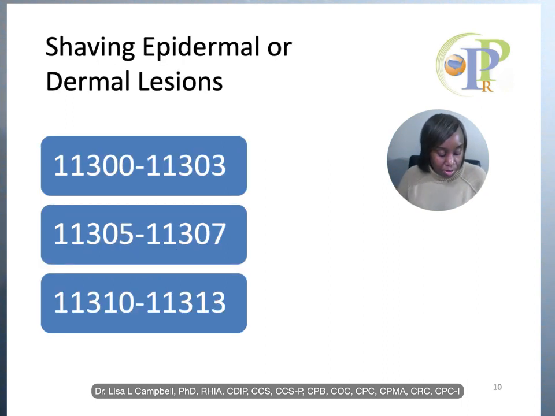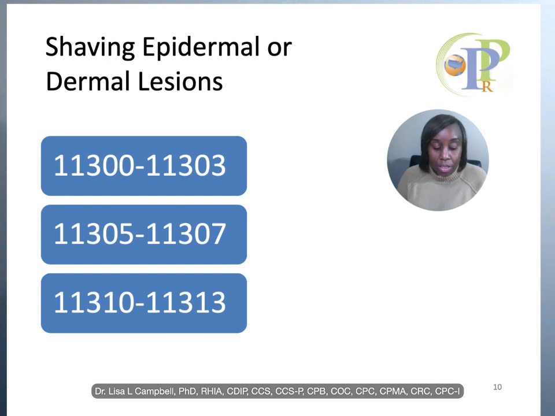All right, next up, we're going to go to the bottom of page 96 for shaving of our epidermal or dermal lesions. And here, what I want you to notice, first off, there are 3 families of codes that are represented here. Starting with 11300, this is for your trunk, your arms, or legs.